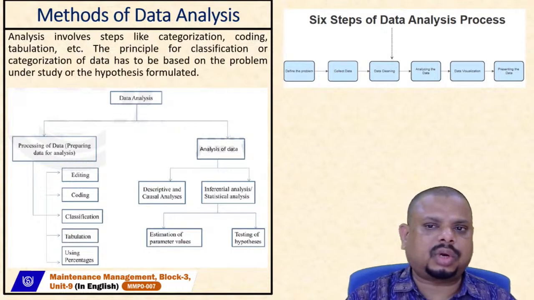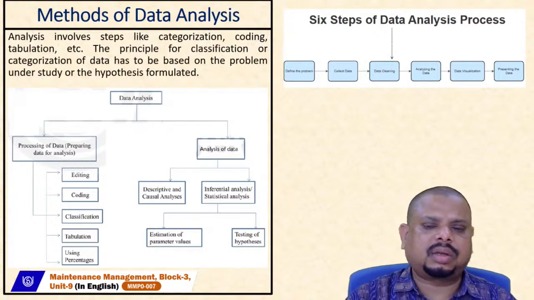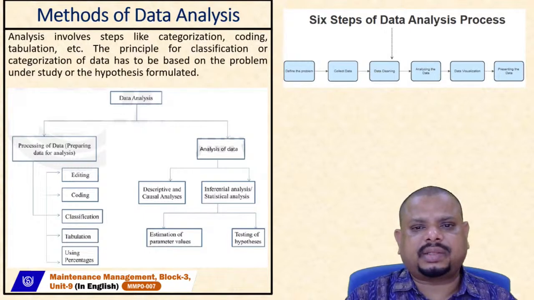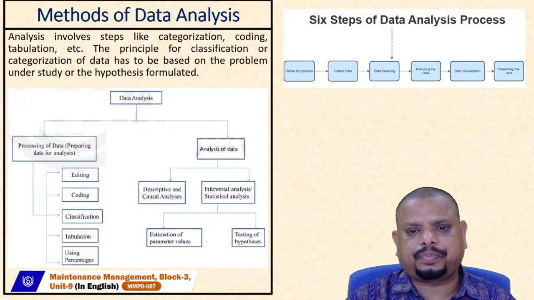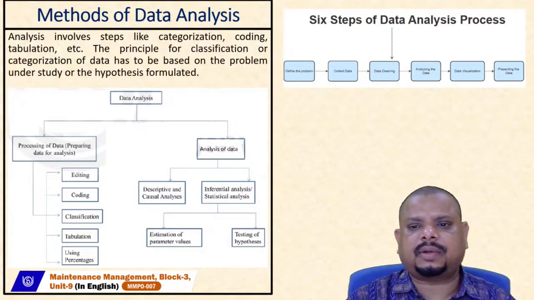Before understanding the different methods of data analysis, we have to understand how the data analysis process undergoes. Whenever you go for data analysis for failure rate, you have to first define the problems. After defining the problems, collect the various forms of data, whether primary data or secondary data.